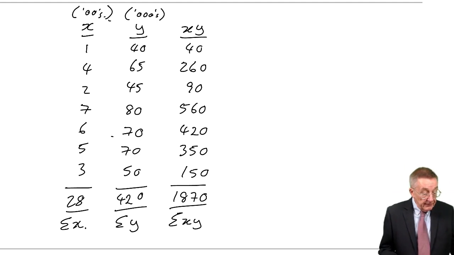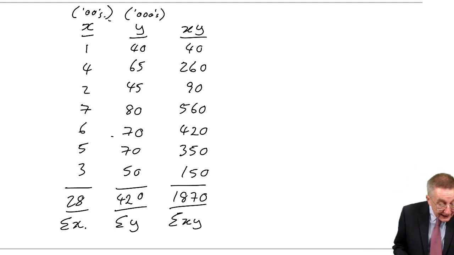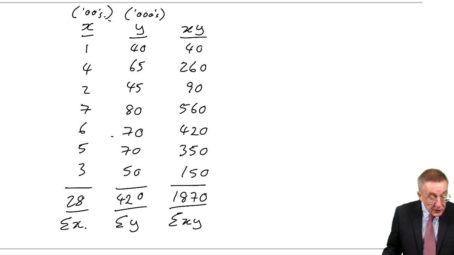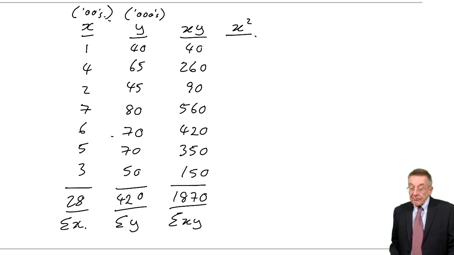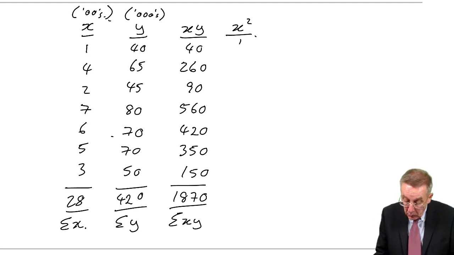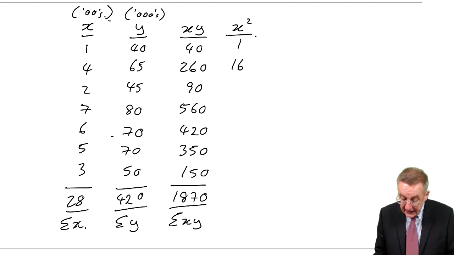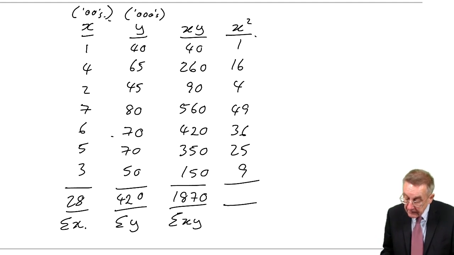What else do I need? Look back at the formula. I need sigma x squared. Well, x squared, 1 squared is 1, 4 squared is 16, 4, 49, 36, 25, 9.